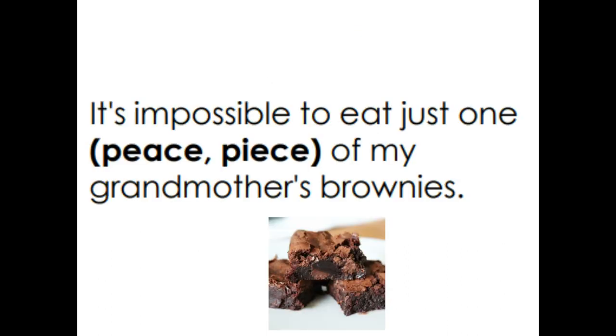This one is: it's impossible to eat just one piece of my grandmother's brownies. Brownies are one of my favorite things in the world to make and eat, of course. Which word would be correct for piece? This is another one that I see commonly misused a lot. It can be tricky. Hopefully you went with the second one, piece, P-I-E-C-E. That is a piece of something.